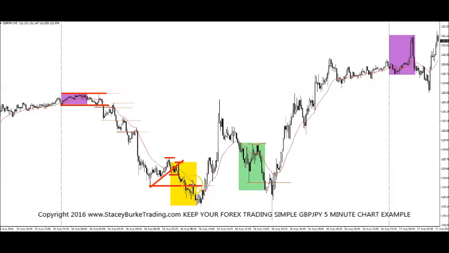The market then proceeded to give a pullback, and then again resumed for one final thrust down. Towards the last part of the London Open, we see the market then retest and break back up, crosses the moving average.